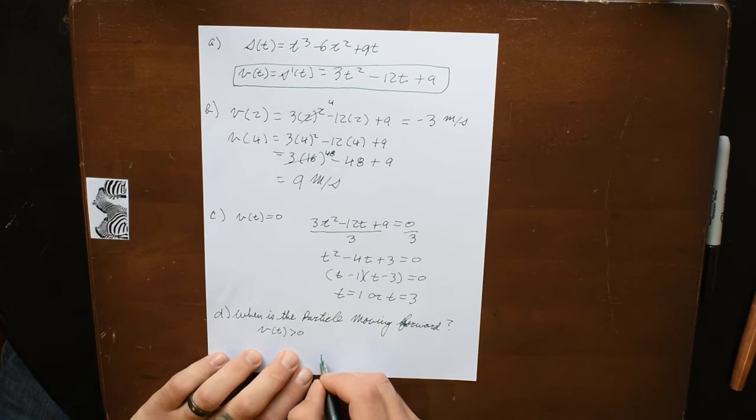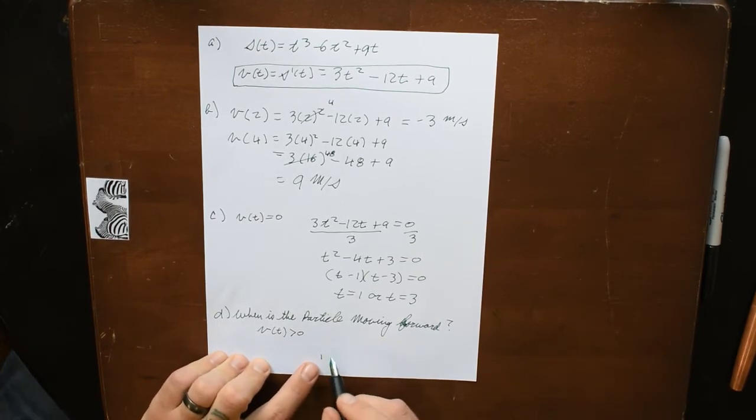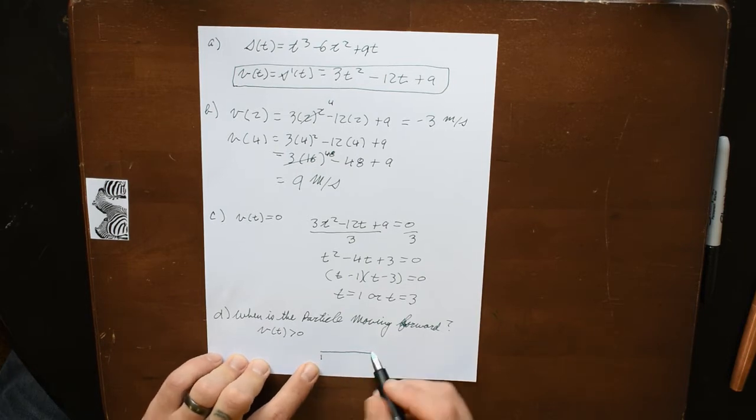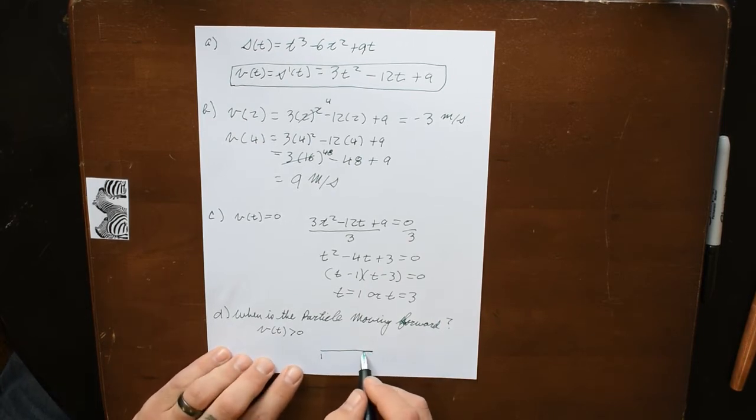You have to pick some start point. And so if you start moving with a positive velocity, for example, you could start moving this way. And if your velocity goes negative, well, that means you would start moving the other way.